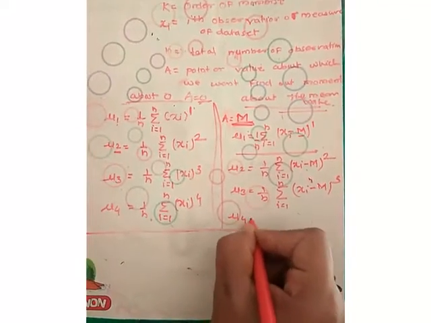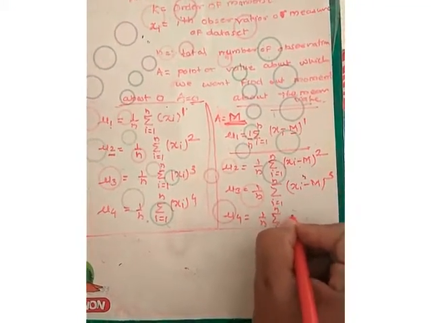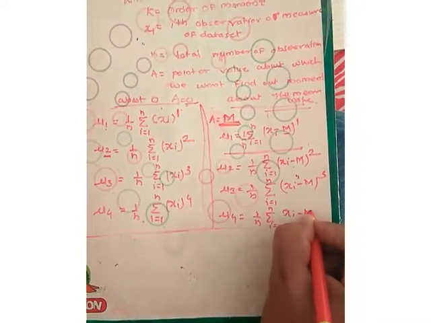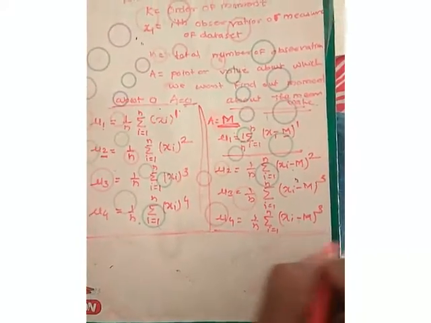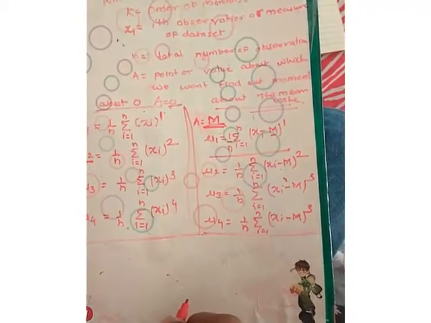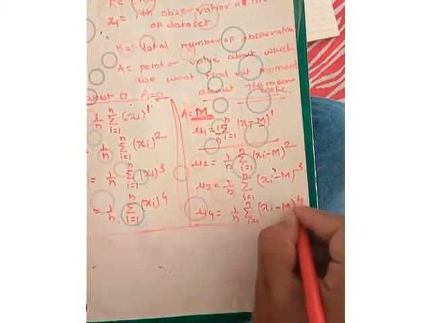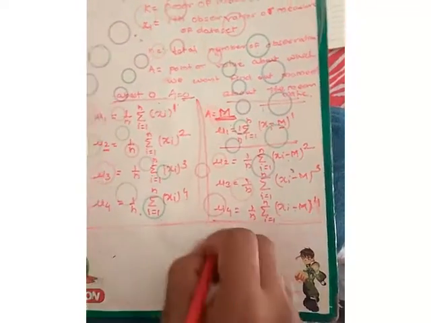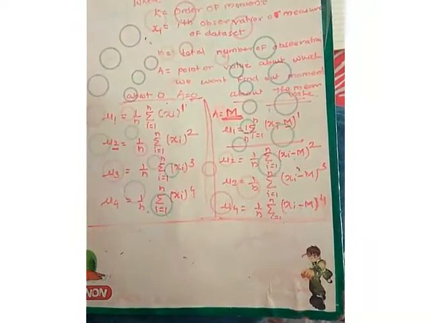The same thing for the fourth order: xi minus m raised to the power 4. So this is how the moment is defined, about the mean and about 0.